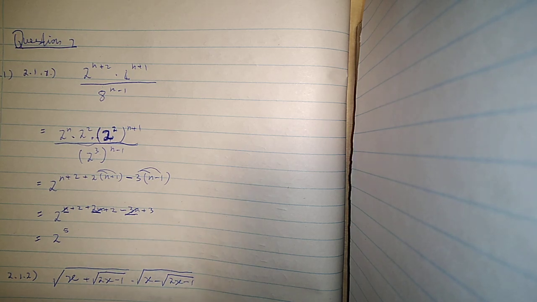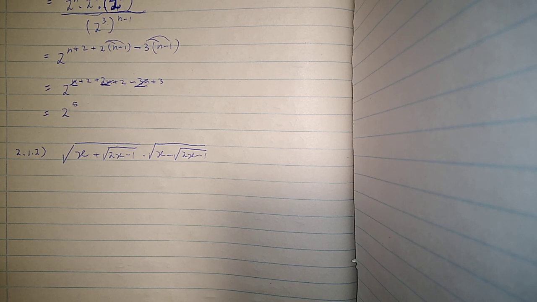So right here we see that we have this monstrous surd that we can solve by using the K method, so that we can make it look much simpler.